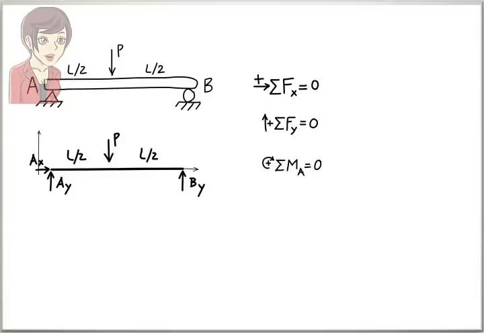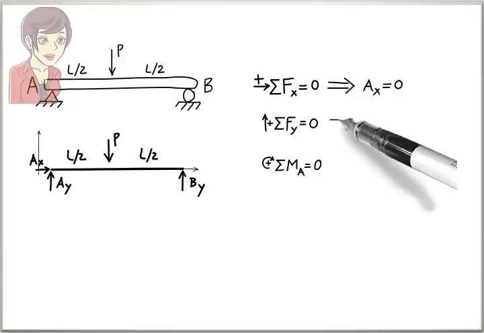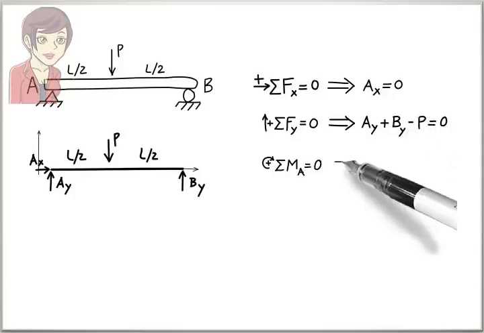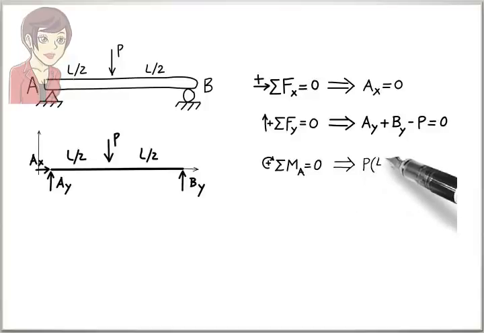The first equation in the expanded form gives us AX equals 0. The second equation gives us AY plus BY minus P equals 0. Third equation gives us P times L divided by 2 minus BY times L equals 0.